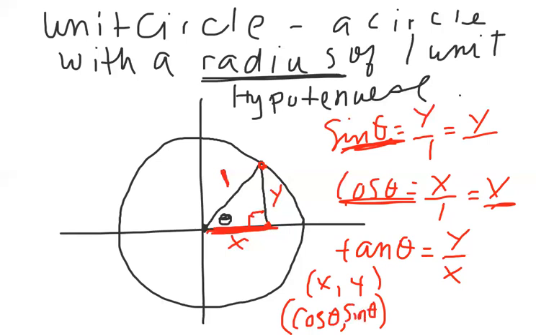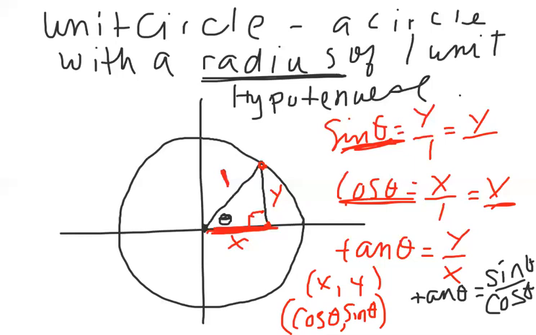And if that is the case for every single point in the xy plane, then this means, guys, that tangent theta is actually sine over cosine. That's a big point I just made, guys. That's a really big point right there. Hopefully, you guys got it. And I think I'm going to stop here.